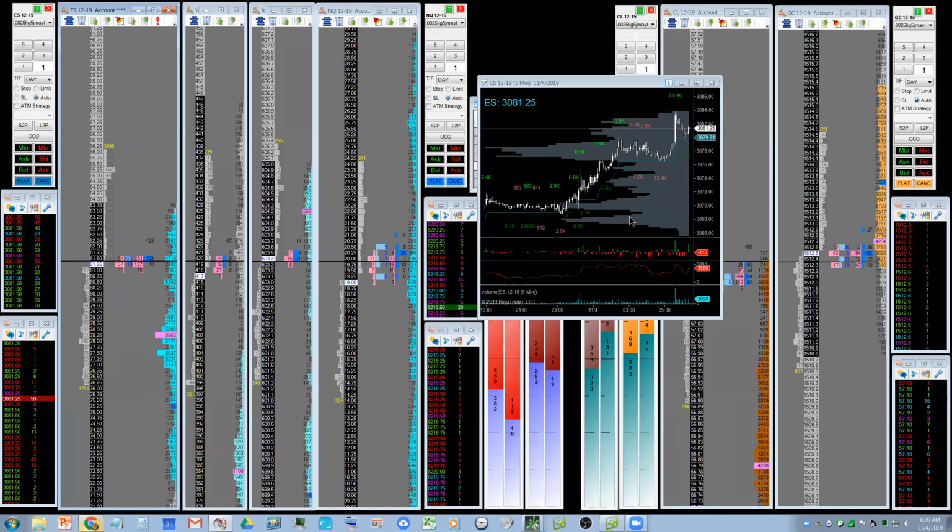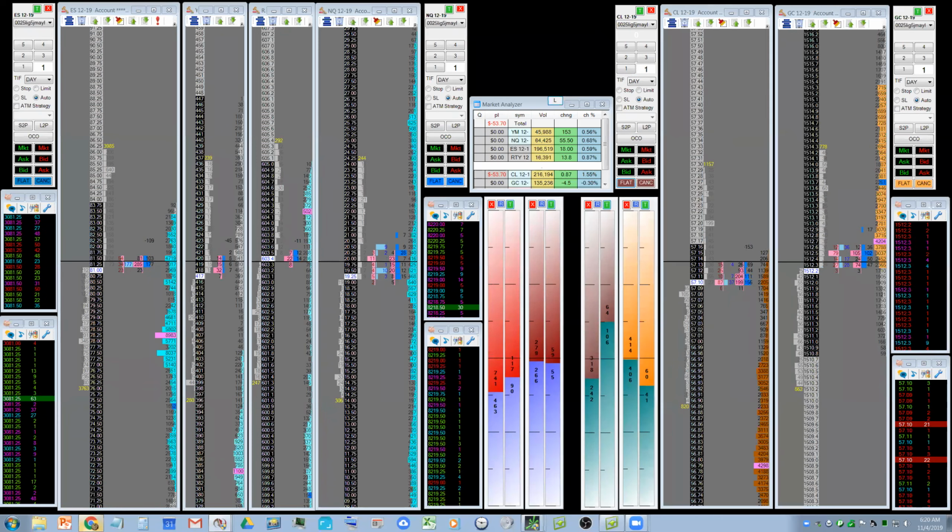I'm using them as not really support levels, but because the bias is up and we have all-time highs and nothing above us, the risk-reward at each of those nodes would be relatively low to go ahead and get long. Does that make sense? Am I answering your question, Bar? Yes. Okay.